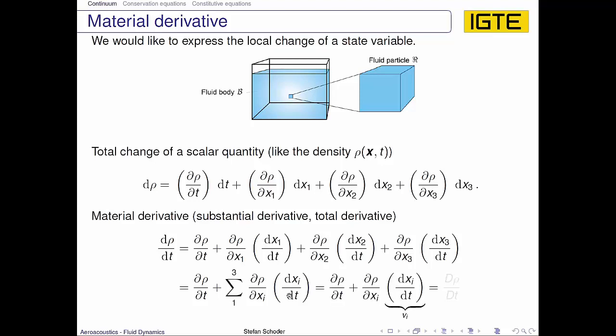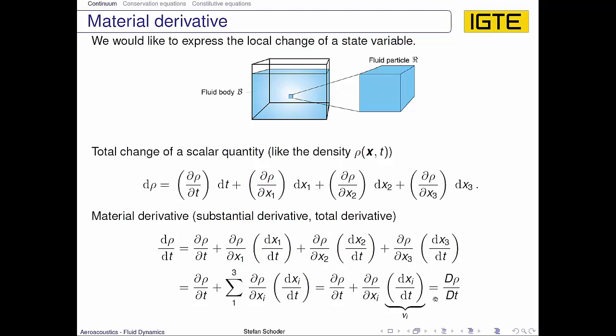Einstein's index notation, we can simply write it like this, and this last expression is simply the velocity in the direction. So we can express the material derivative, which is written here, by the partial change with respect to time plus the inner product of the gradient in the velocity direction, in the direction of the gradient.